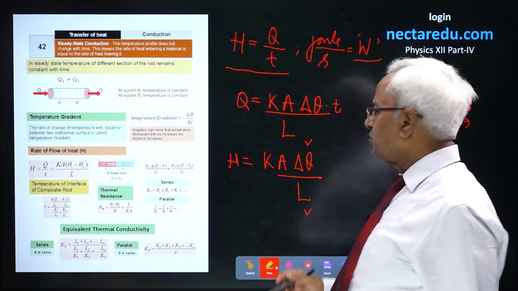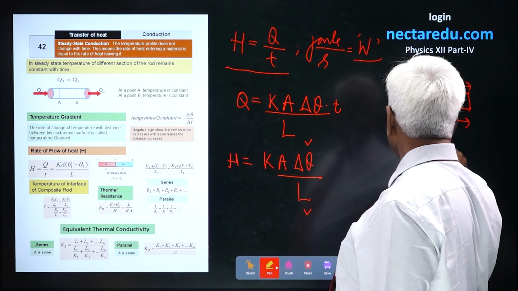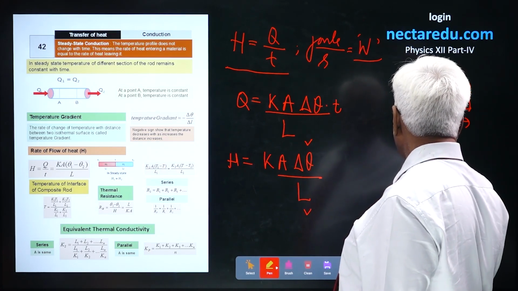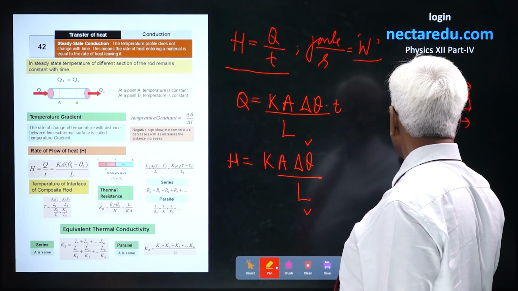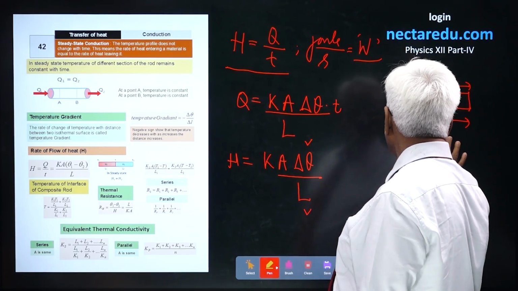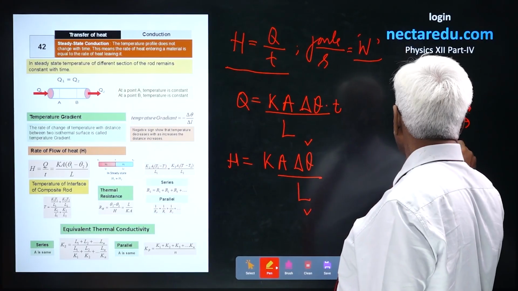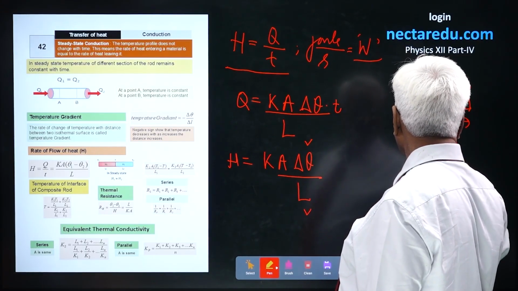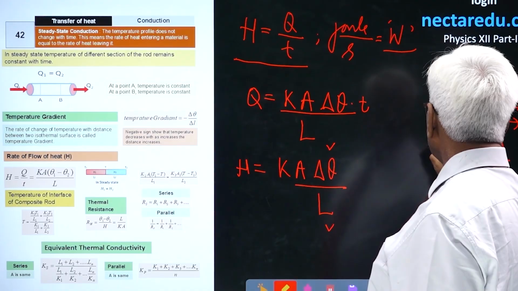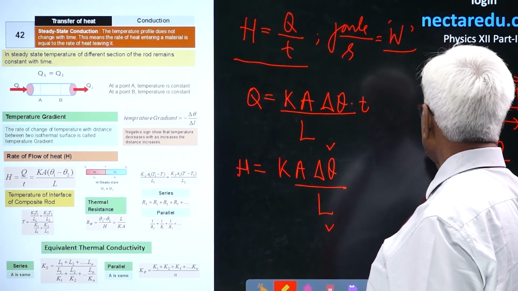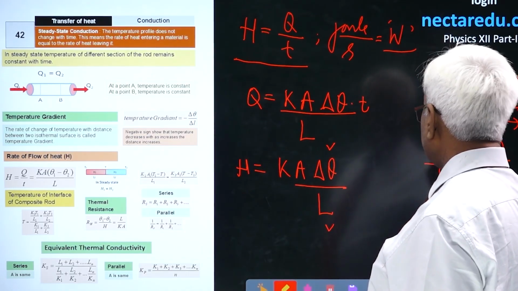Then this ratio is also known as temperature gradient. That is the temperature difference per unit length. Temperature gradient is delta theta upon delta L. This is called temperature gradient.